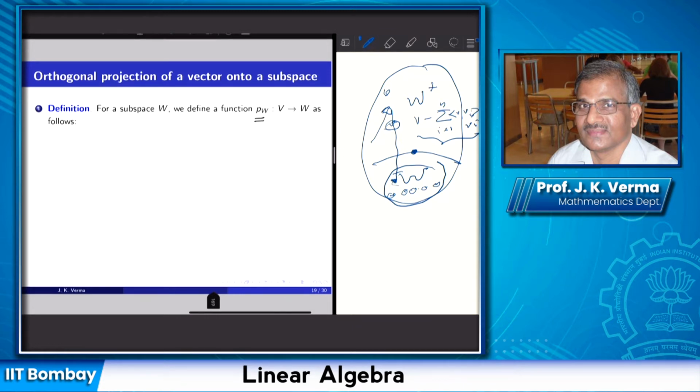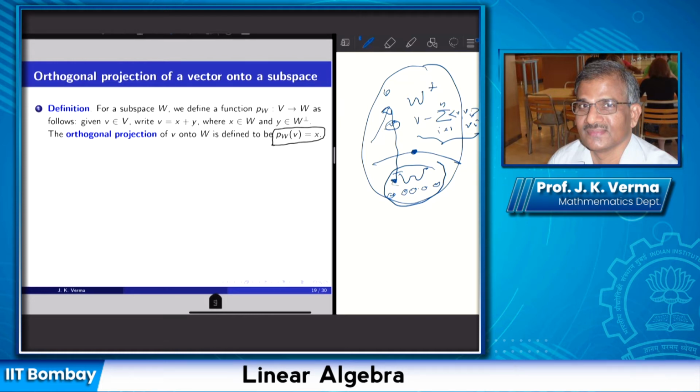Just like we had a projection operator when W was a one-dimensional subspace, now W has become an arbitrary subspace, but we have the definition of projection: I take a vector V, decompose it as a sum of two vectors, one in W and another in W perp, and then map this vector V to X. This is called the projection of V in the subspace W. In concrete terms, I already explained how to get the projection of a vector inside a subspace.